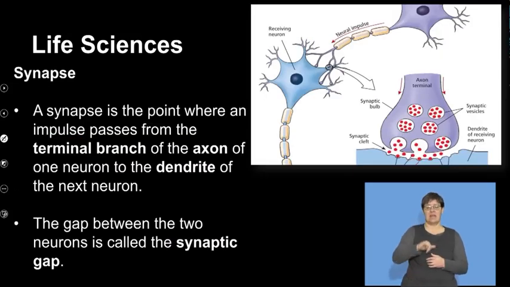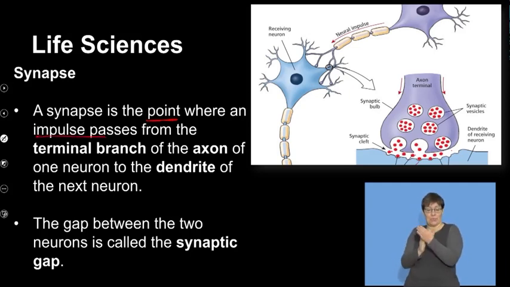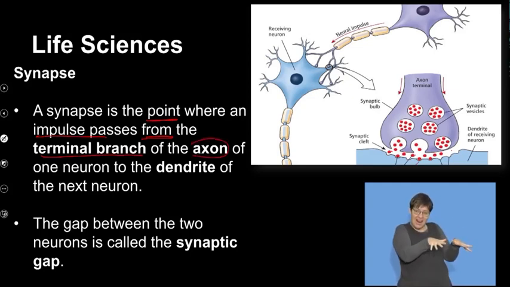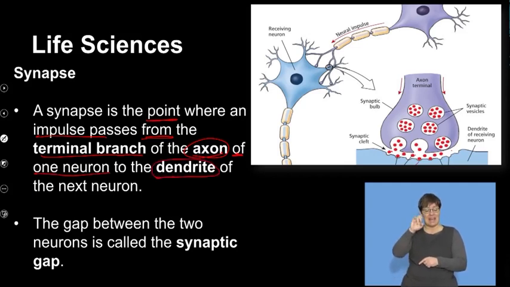The synapse. That is the part, the space here between the neurons. It's that point, we did talk to it, where the impulse passes from the terminal branch of the axon to, these words are very important, one neuron and to the dendrites of that neuron, of the next neuron.